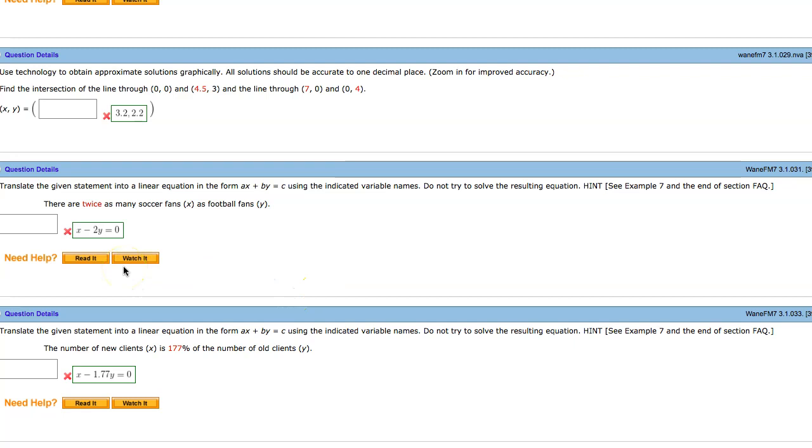As far as number 18 goes, the statement using lines is: there are twice as many soccer fans as there are football fans.